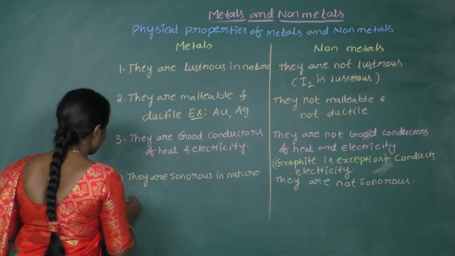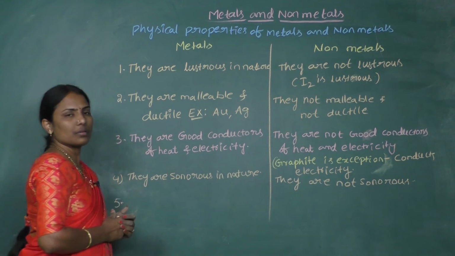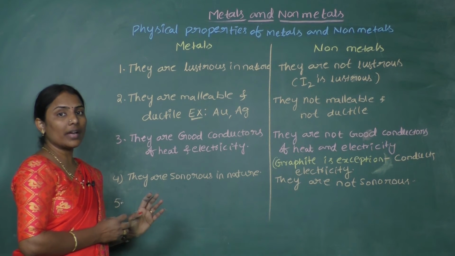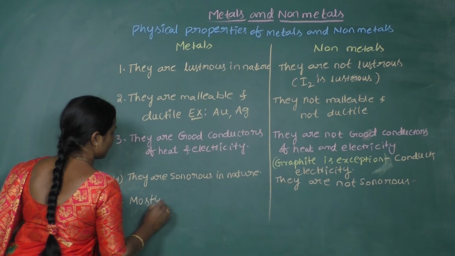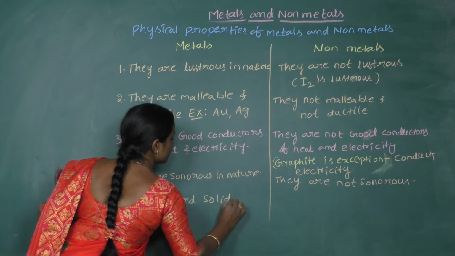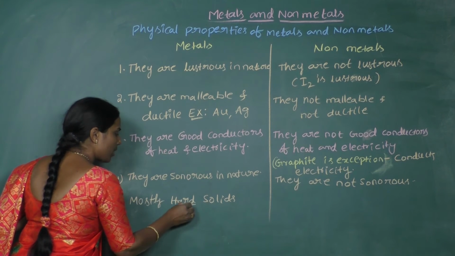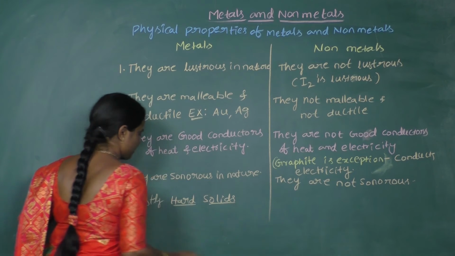And now the same thing, if at all we see that the metals, most of the time, are hard solids. They are mostly hard and they are solids. Now, for the word hard or even for the word solid, we have a few exceptions.